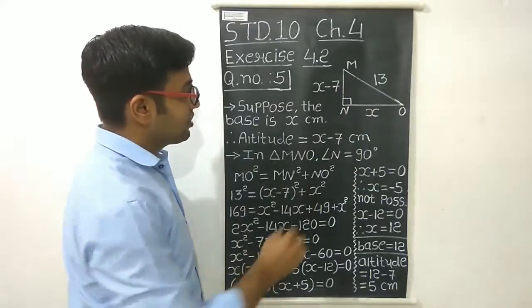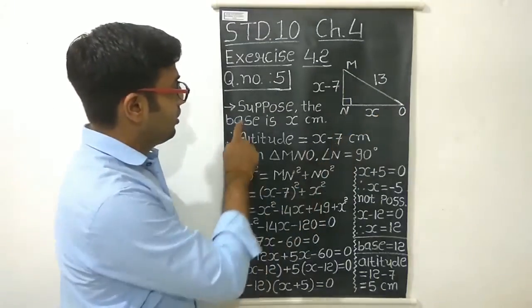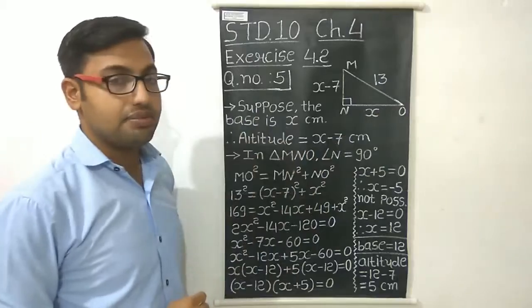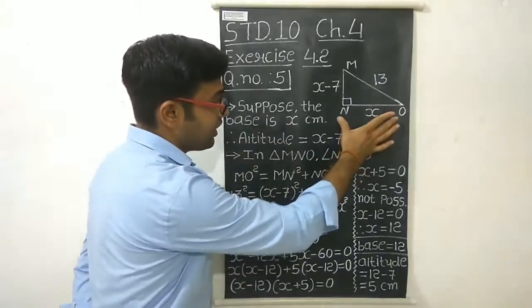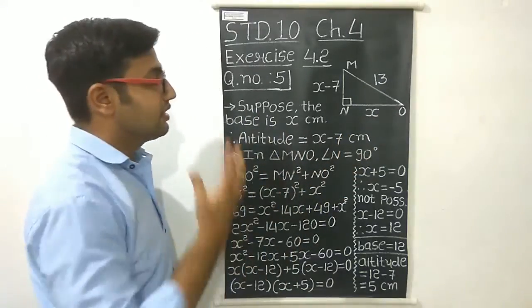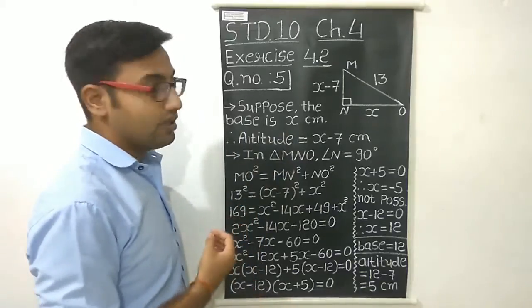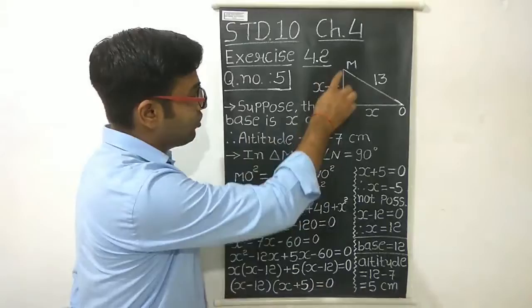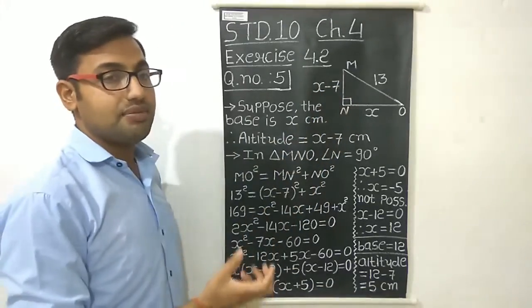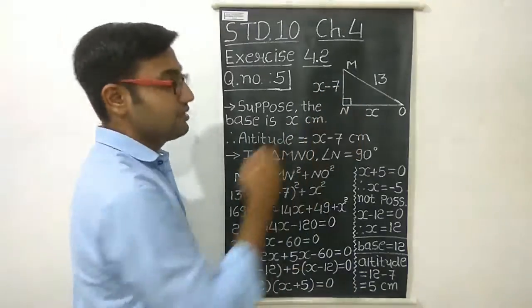Okay, so let's suppose that the base is x centimeter. Here our base is NO and let's suppose it is x centimeter. Now according to the condition given in the question, the altitude is 7 centimeter less than the base.